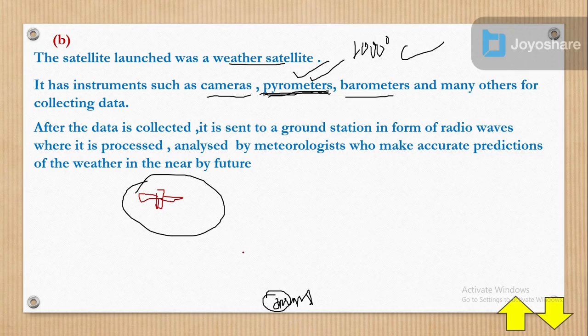Now what happens is, this satellite, with its pyrometers, will be able to measure the temperatures around a certain place they are forecasting. Say, for example, they want to measure temperatures in Kampala, so they can tell the people in Kampala whether they will have rain or not. That satellite will focus onto Kampala.